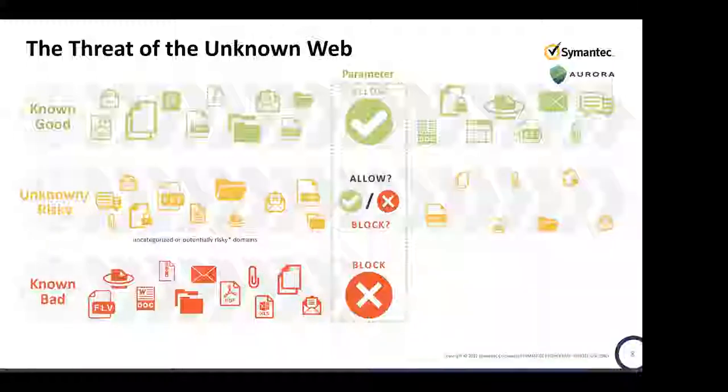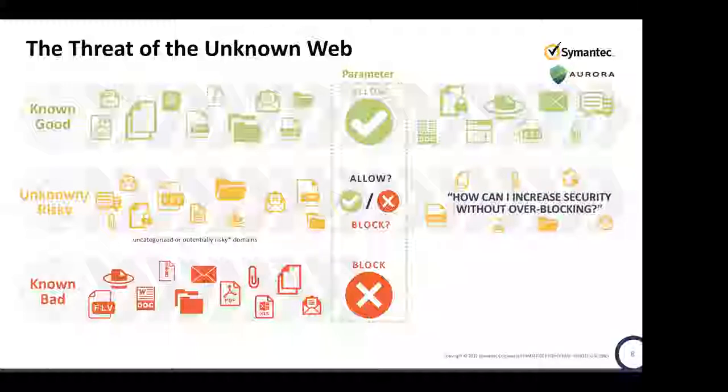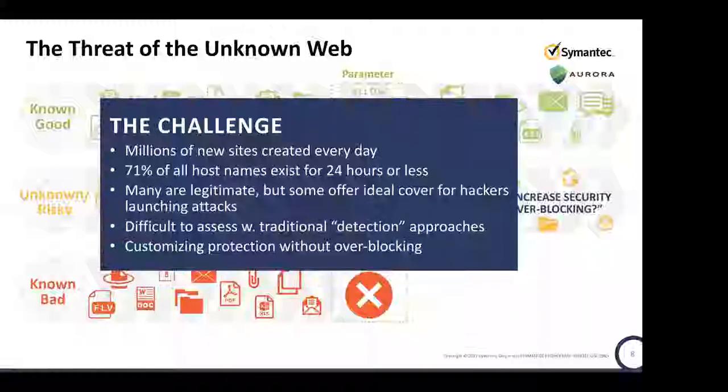But then there's this in between, right? These uncategorized, these unknown things that have just spun up. And what do we do about this, right? Because a lot of this could be good, some of it could be bad. The traditional thought is maybe just block, but then that could hamper user productivity. So this continues to be a problem for organizations.